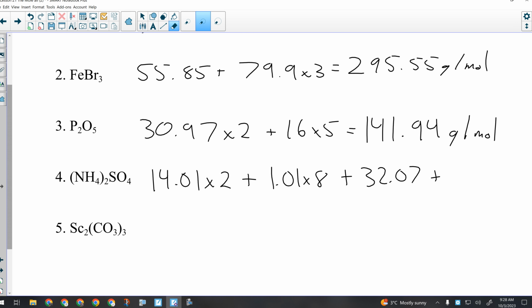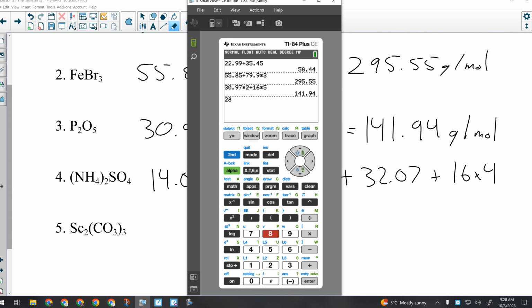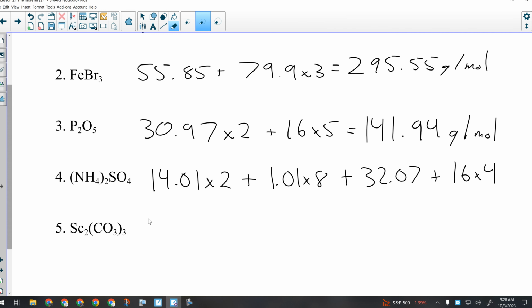And oxygen, there are 4 of them, 16 times 4. All right, so if I take those, I'm going to have 28.02, that's my 2 nitrogens, there's my 8 hydrogens, 8.08, my sulfur, and my oxygen. All right, so 132.17 grams per mole.